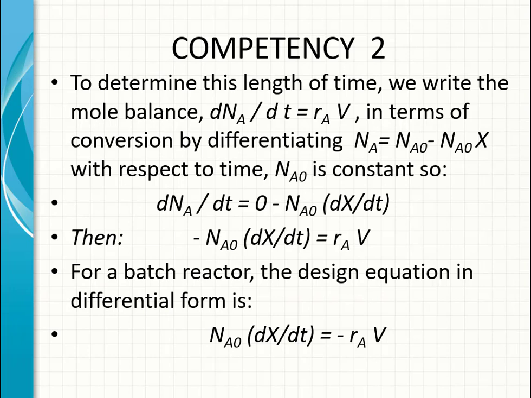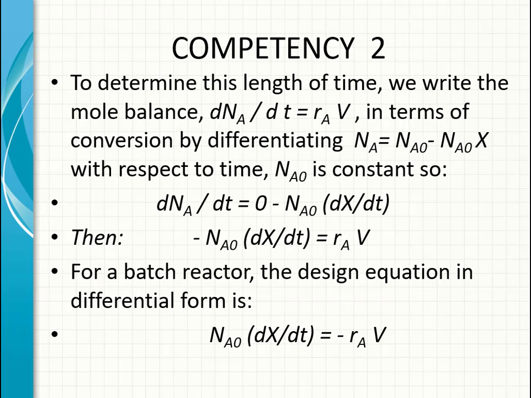So we differentiate Na equal to Na0 minus Na0 times X, which is the expression for Na at any time, with respect to t, and remember that Na0 is constant, so we will have dNA divided by dt equal to 0 minus Na0 times dX divided by dt.